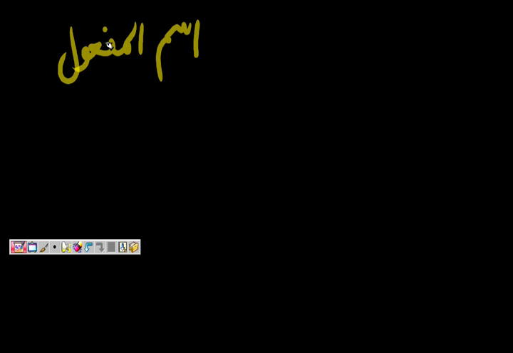So wajid, the finder, mawjood, the one that is found. It's also used for existence, because it's found in the universe. Mab'uth, right? It's from ba'atha. It's transitive. Ba'ith, sender. Mab'uth, sendee, the one sent.